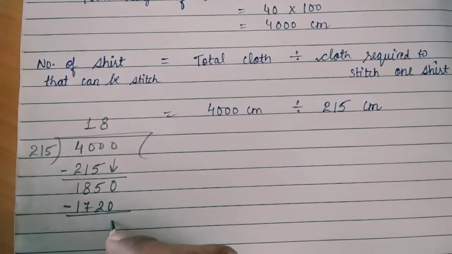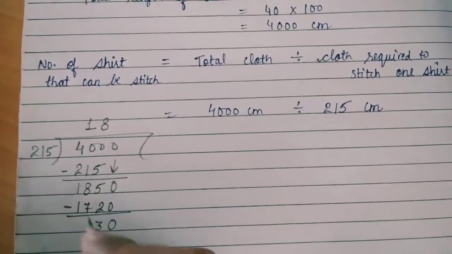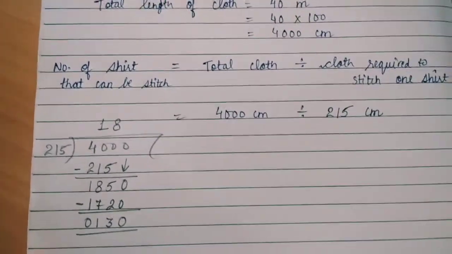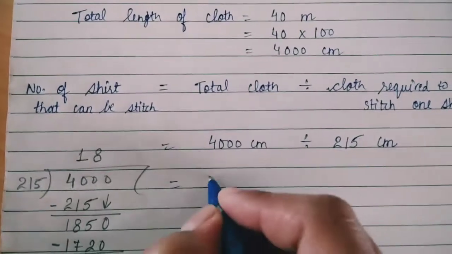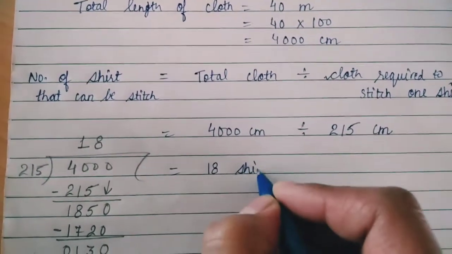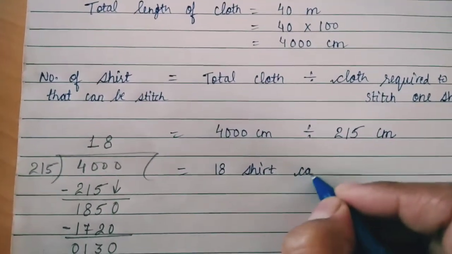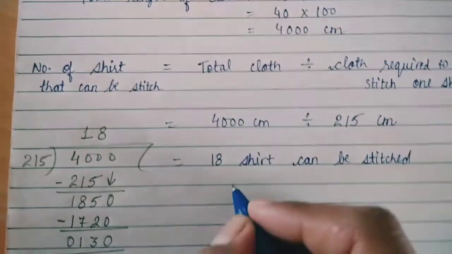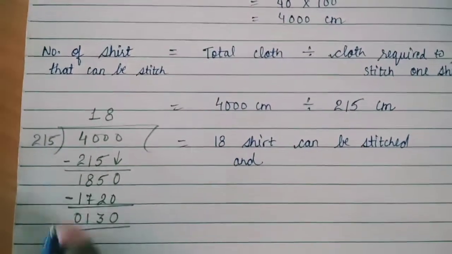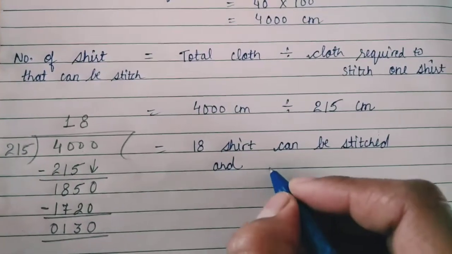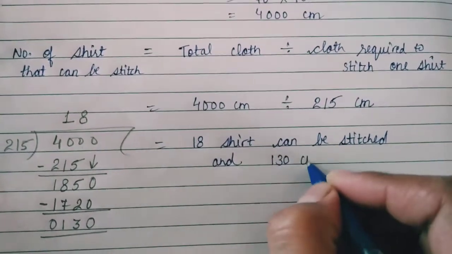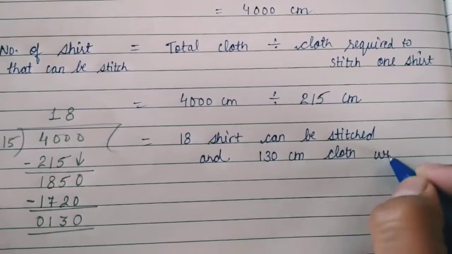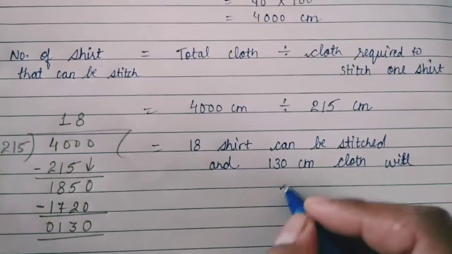After subtracting, we will get 0, 3, 1. So total 18 shirts can be stitched, and the remaining cloth is 130 centimeter, which will remain.